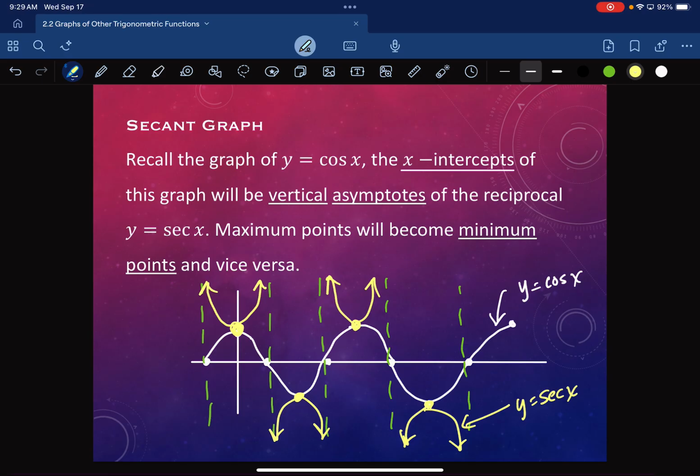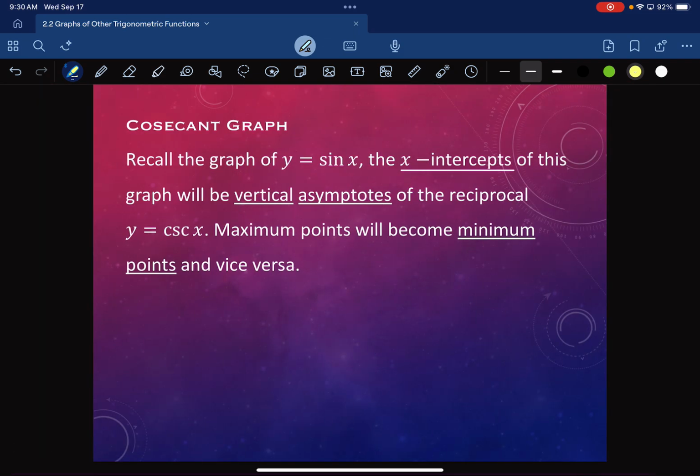So the cosine graph, its range was trapped between -1 and +1, right? But the secant graph isn't there at all. The secant graph goes from -infinity all the way to -1, where it stops and it jumps up to 1 and then goes up to infinity. That's what its range does. And in the very same way that this happens for secant, it also happens for cosecant.